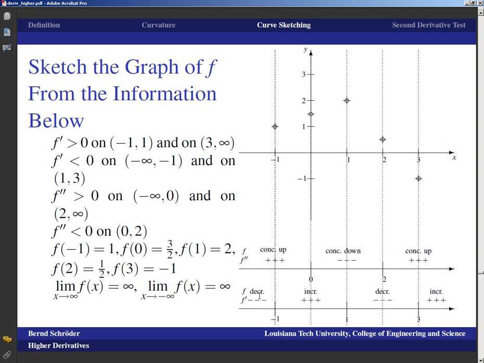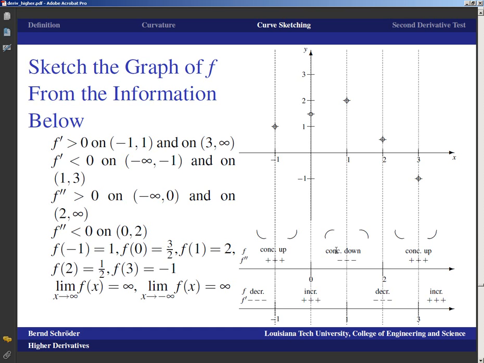And now we know in this region the function is decreasing concave up, which is this kind of shape. In this region the function is increasing concave up, which is this shape. In this region the function is increasing concave down, which is this kind of shape. In this region the function is decreasing concave down, which is this shape. In this region here the function is decreasing concave up, which is this kind of shape. And here finally the function is increasing concave up, which is this shape.